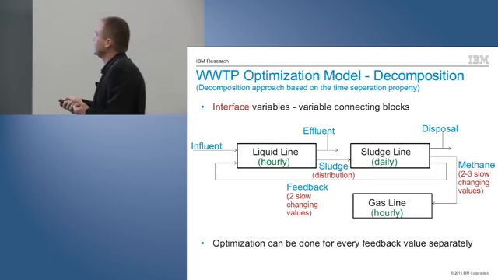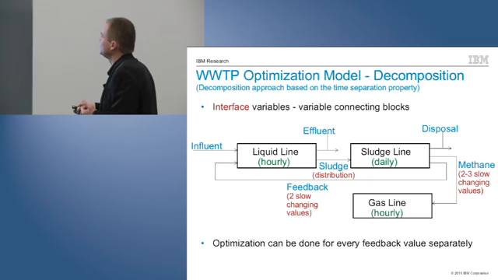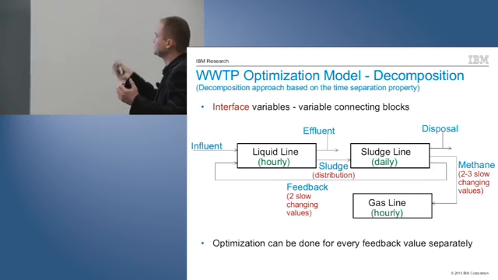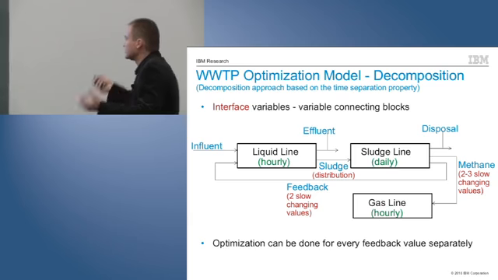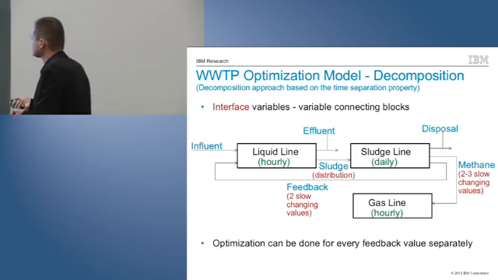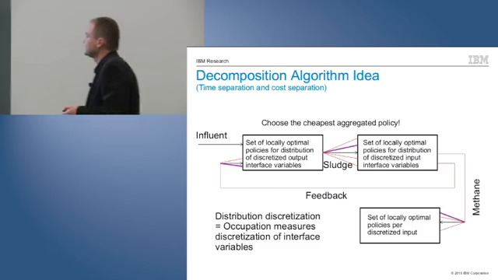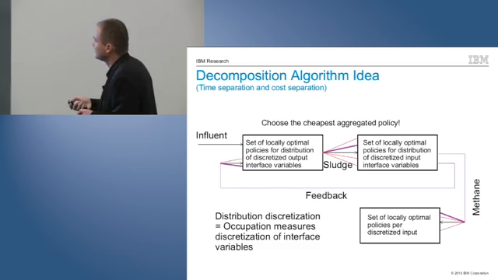Therefore, we can take a distribution of states at the input, and for other blocks we can solve the problem separately per each constant value. There are just a few such values. Overall, the algorithm starts with discretization of an occupation measure, which represents the state at the input.